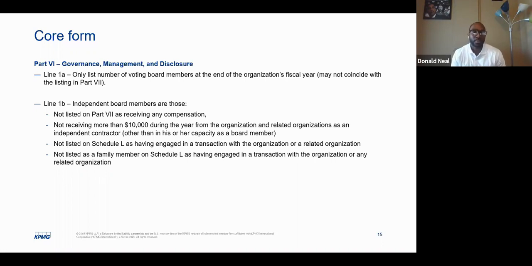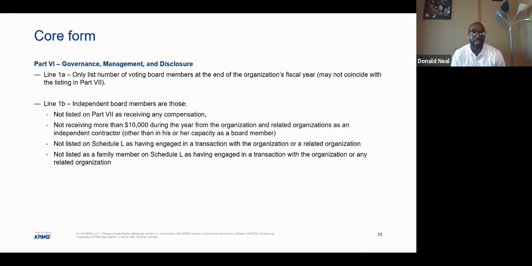Let's say you have a hospital who's the parent entity, and they have a clinic that we're completing a return for as well. We may have a physician that is getting paid by the clinic, and the clinic has its own 501c3 status, its own tax exempt status. So that clinic is paying that individual, but that physician sits on the board of the hospital. Because that individual is a board member but is being paid by a related org, he or she would not be considered to be independent.